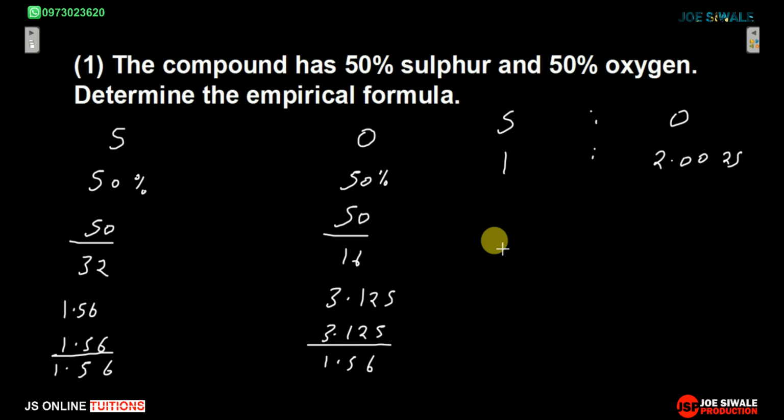We can say 1 to 2. That's our ratio, and our empirical formula is going to be SO2, since sulfur is 1 and oxygen is 2.